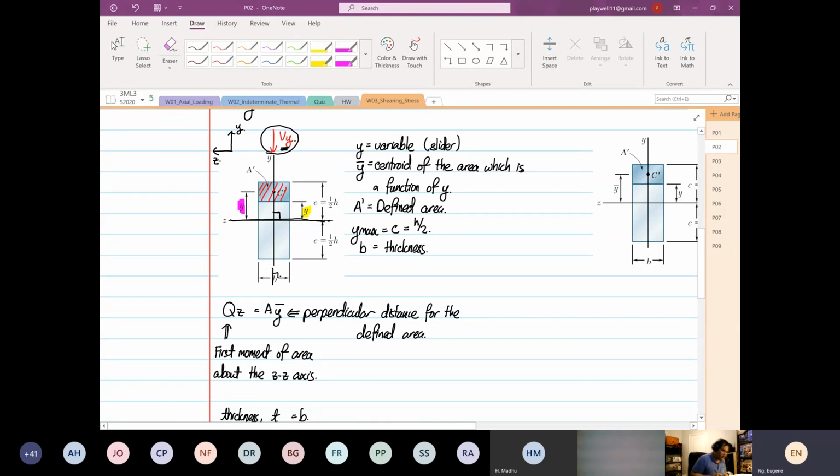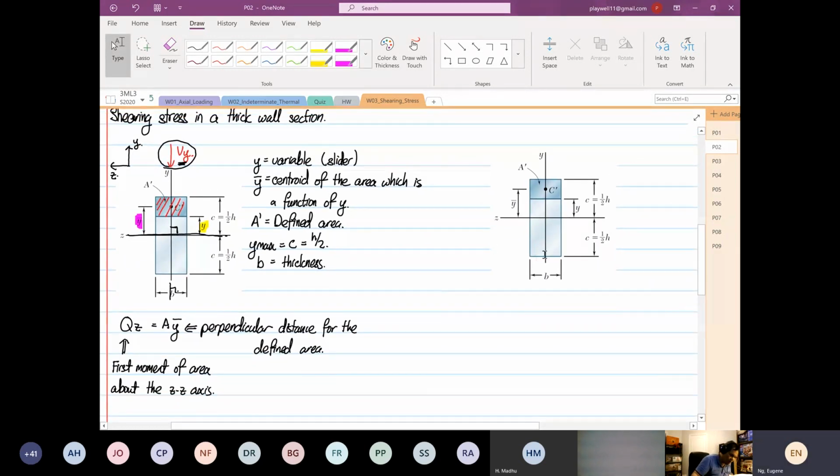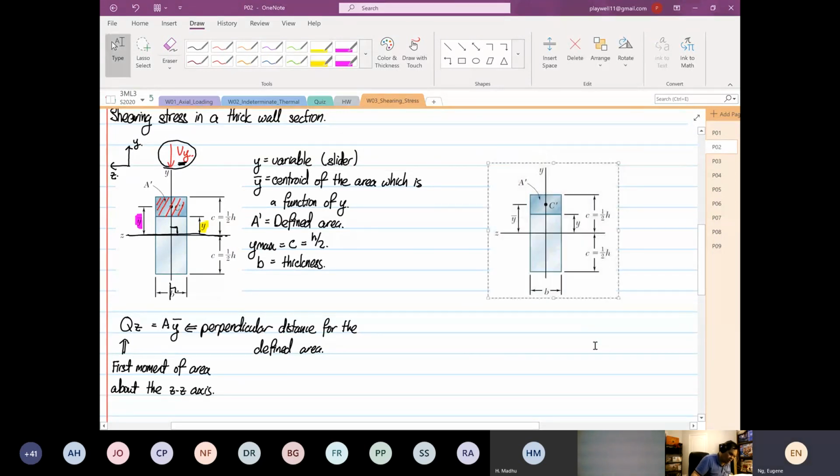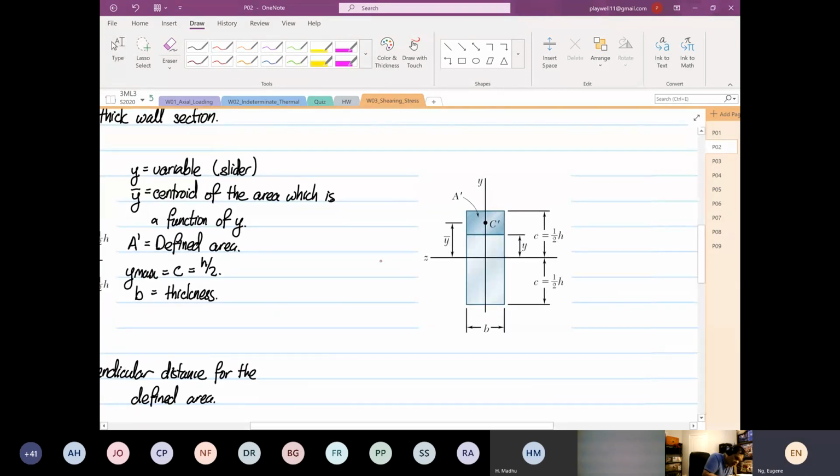Okay. Now, what if now our shear force is now acting in the z direction now? Okay.